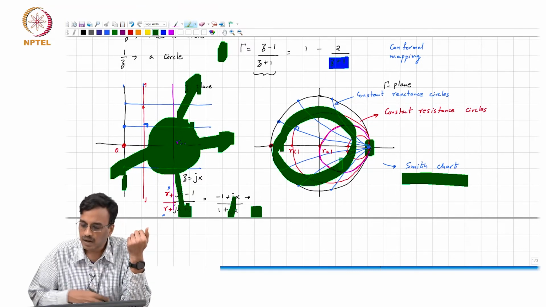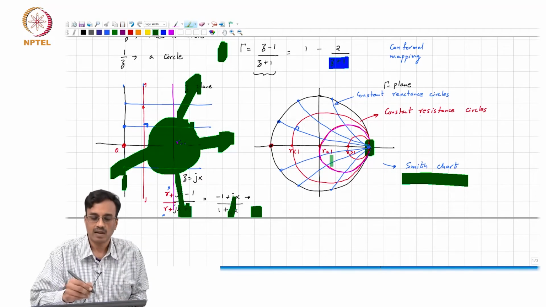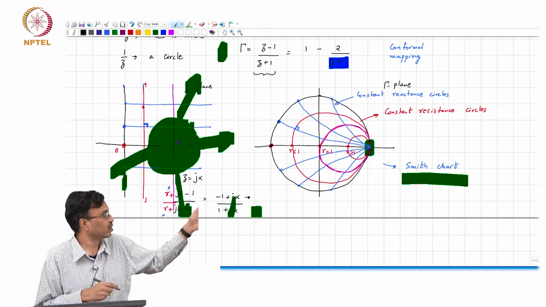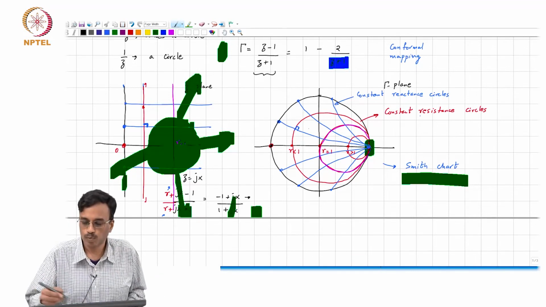And let us say you had some impedance: once you know its resistance and reactance, you can plot the point immediately.